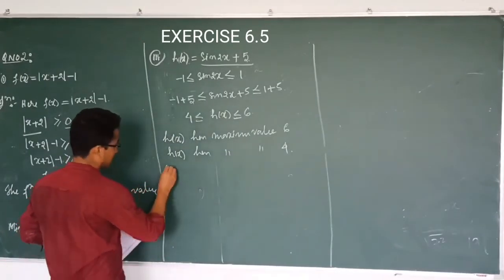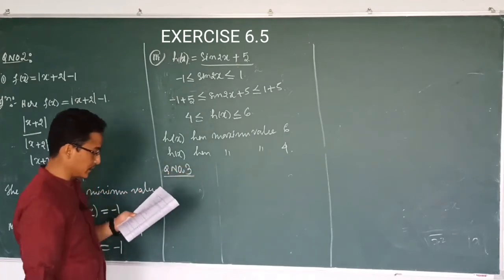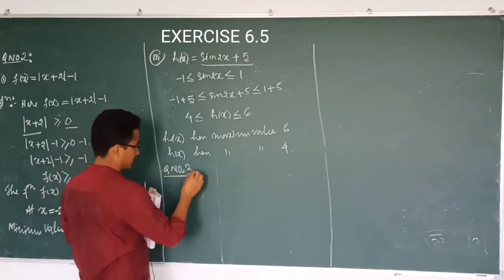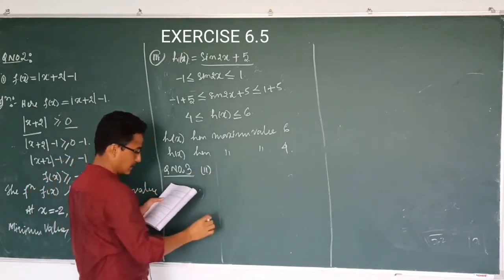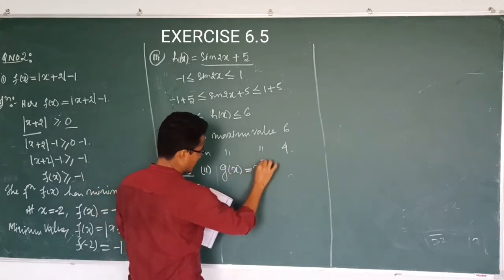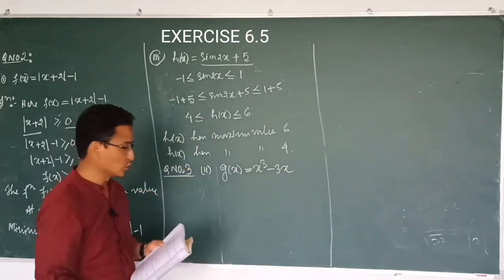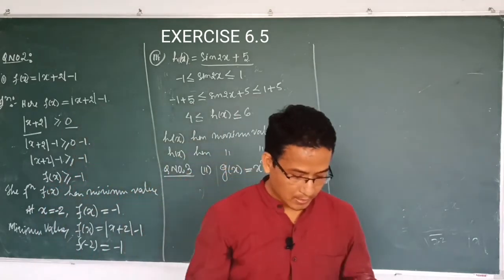Question number 3, and I will take Roman number 2 first, that is g of x equal to x cube minus 3x. This is Roman number 2 from question number 3.